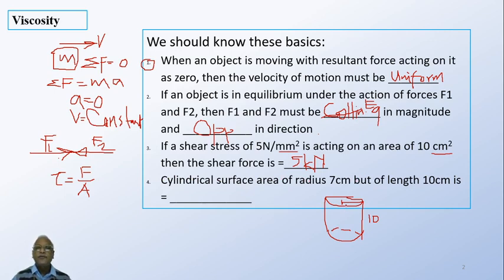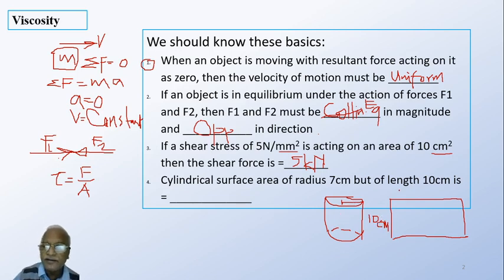What we are interested in is the cylindrical surface area. So what we have to do is cut this into a plain sheet like that. The height of the rectangle remains the same as 10 centimeter. Anyway, this height remains as it is.